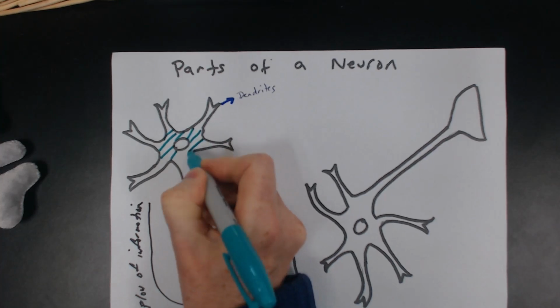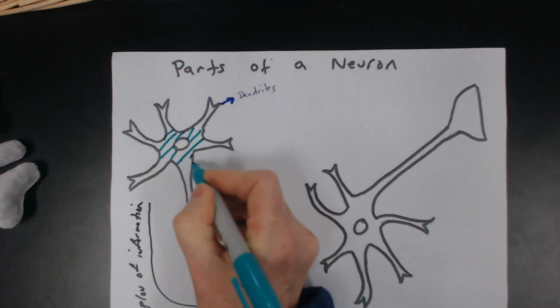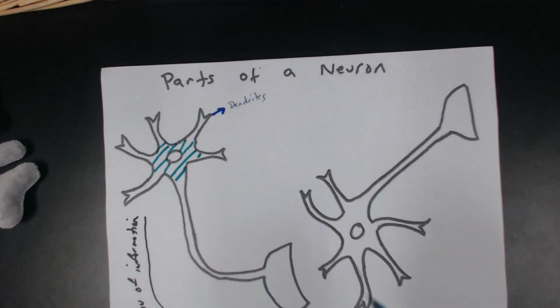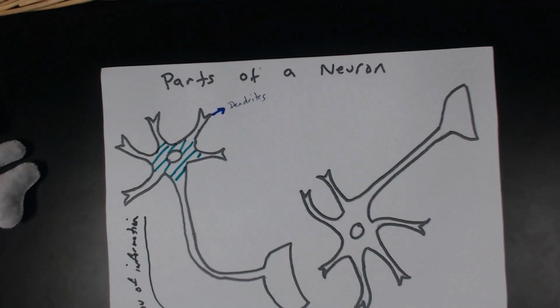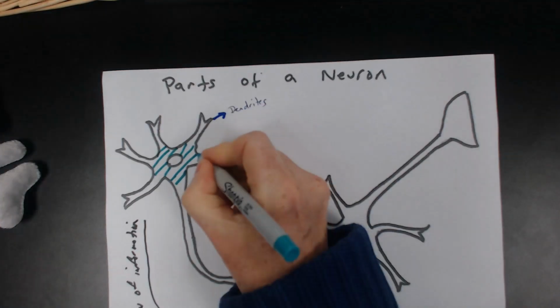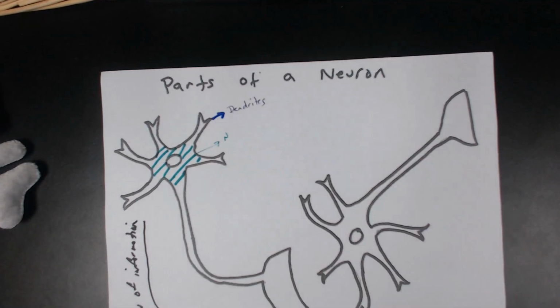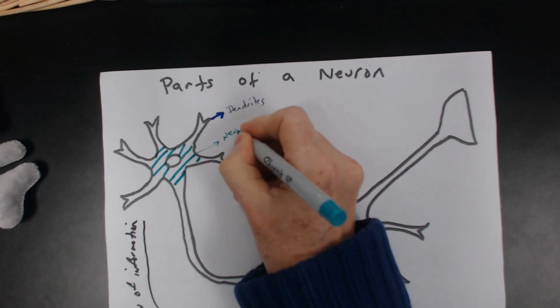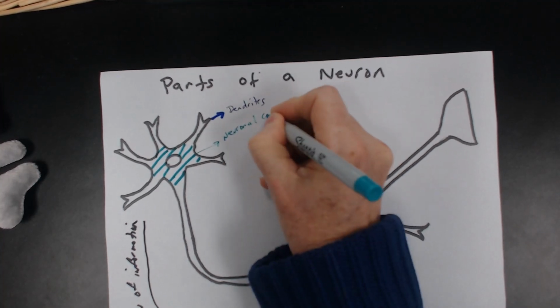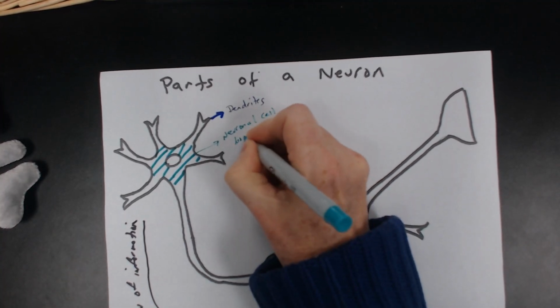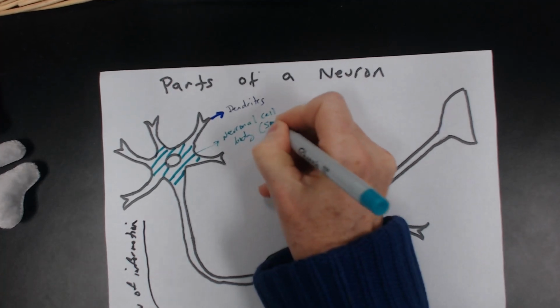It contains the nucleus, and that's your cell body or your soma. So let's label that. That's your neuronal cell body. Another word for that is soma.